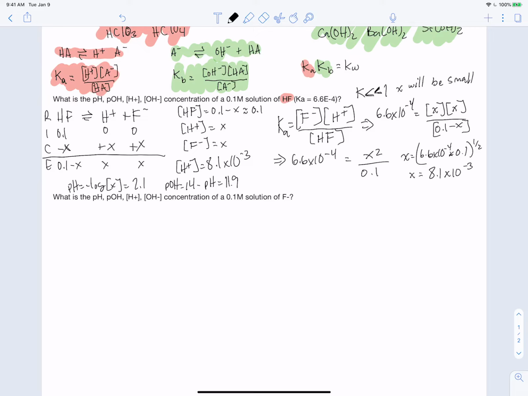And then finally the hydroxide concentration, which we can get by taking 10 to the negative pOH, is equal to 1.3 times 10 to the minus 12. And so then we've solved for everything in this particular problem.